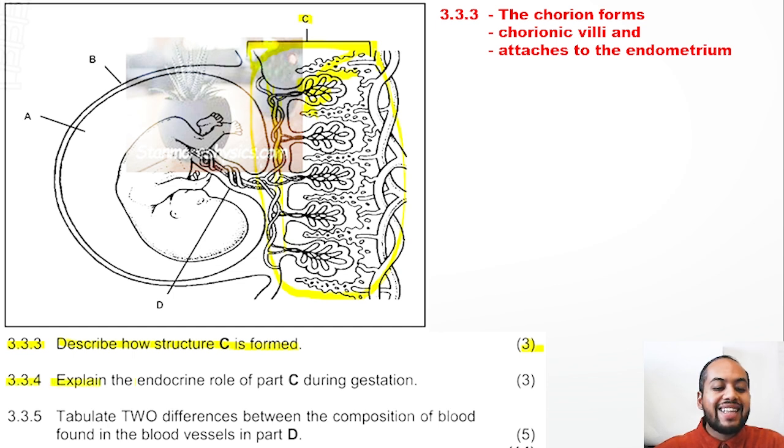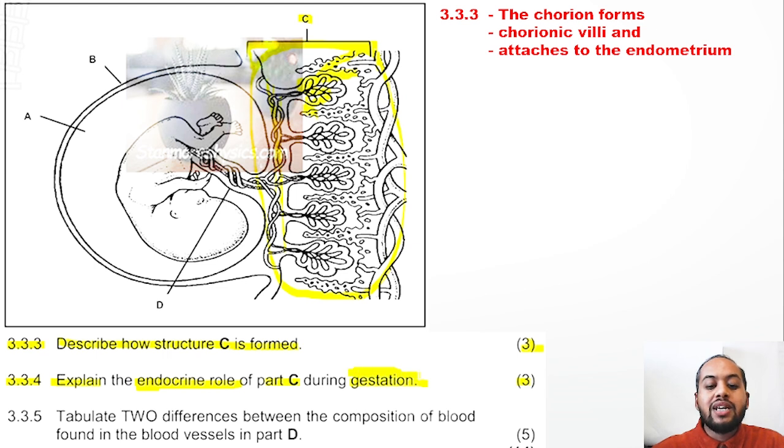3.3.4, explain the endocrine role of part C during gestation, for 3 marks. Whenever you see the term endocrine role, then you need to think they're talking about a hormone. They are referring to some sort of hormone when they're talking about the endocrine role of part C during gestation. What is gestation?